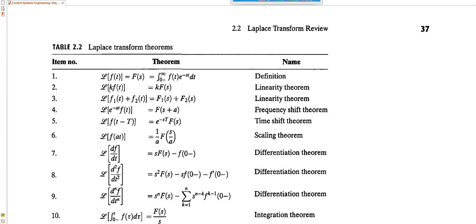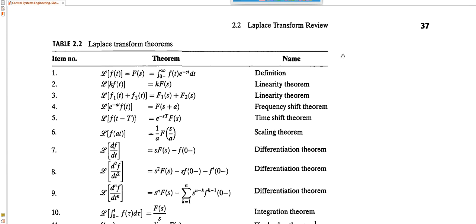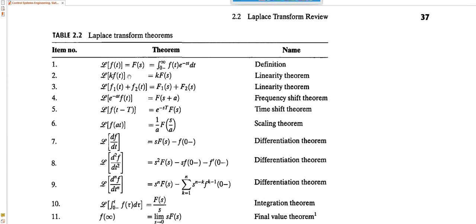If you have a constant k multiplied to the function of t, then that is kF(s).